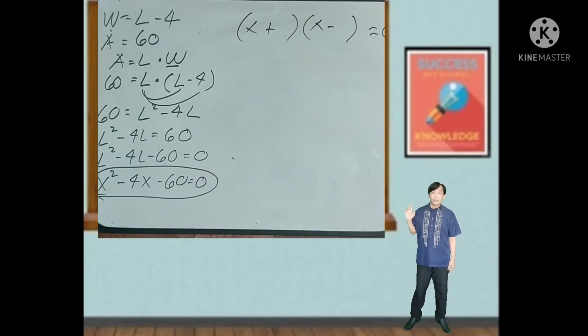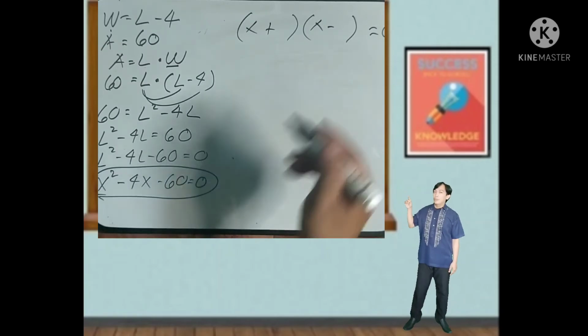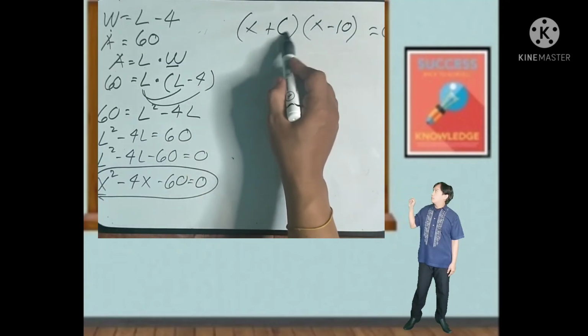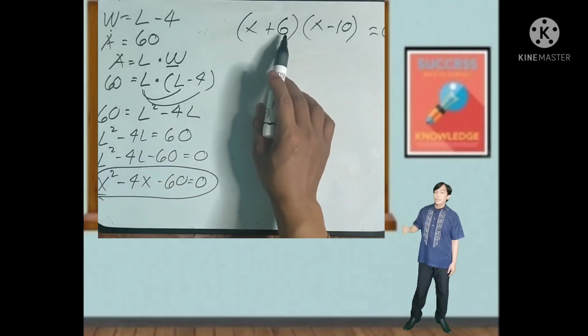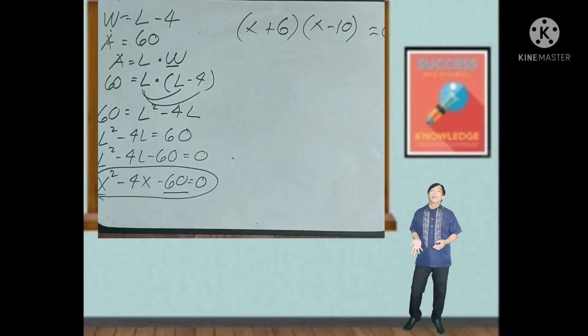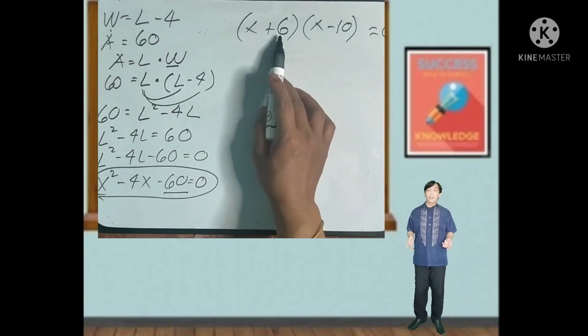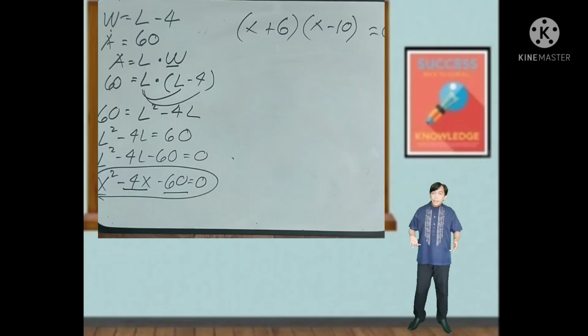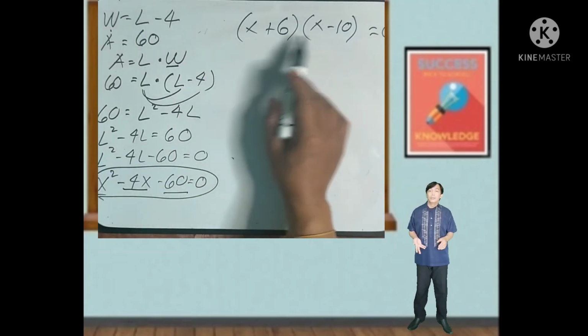So let us now try to think that the product will become 60. So I think this is negative 10, then this is positive 6. Okay, if we multiply positive 6 and negative 10, the product will become negative 60. So we are correct. If we perform the operation positive 6, negative 10, the answer is negative 4. So therefore, the factors are correct.